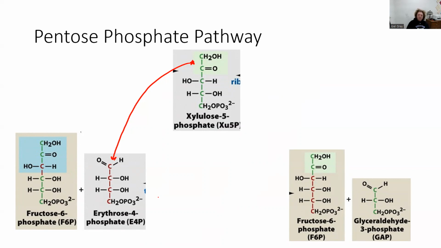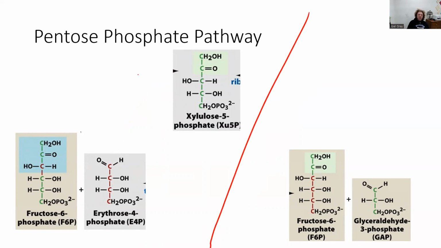Because one misstep is, if you were to add up, split this, left-hand side, right-hand side. If you were looking at this slide on the left-hand side and you said, well, fructose 6-phosphate, that's 6 carbons. Erythrose 4-phosphate, that's 4 carbons. Xylulose 5-phosphate, that's 5 carbons. 6 plus 4 plus 5, well, that is going to be 15, okay?